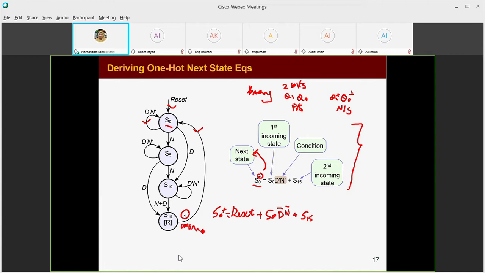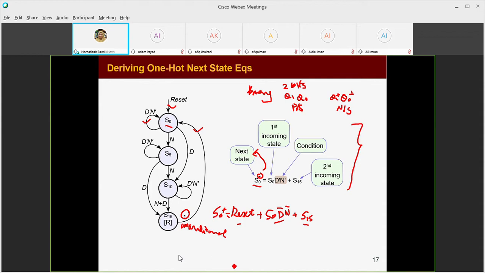Unconditional means once you come to this S15, by default, on the coming pulse, it goes straight. So either you put 1 or you don't put anything. The 1 here means it is always true, or if you don't put this value, it also knows that. So you have 1, 2, 3.